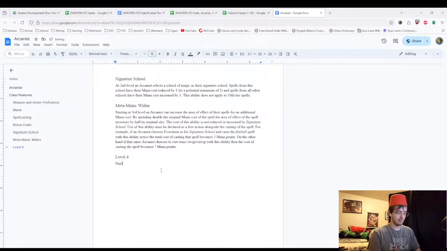So, right. Starting at fourth level, let's see. To reduce or increase the mana cost of casting the spell.